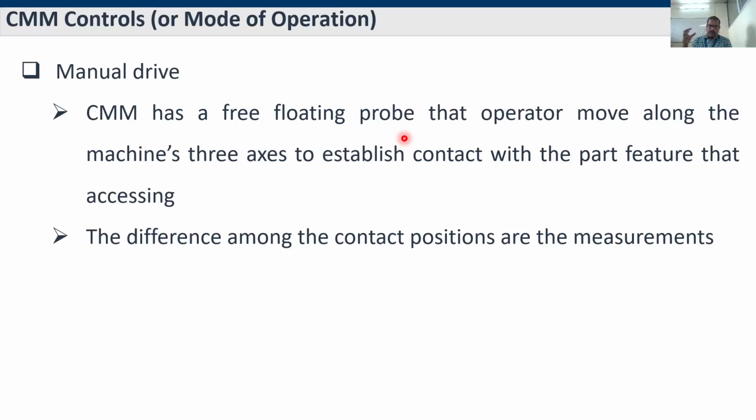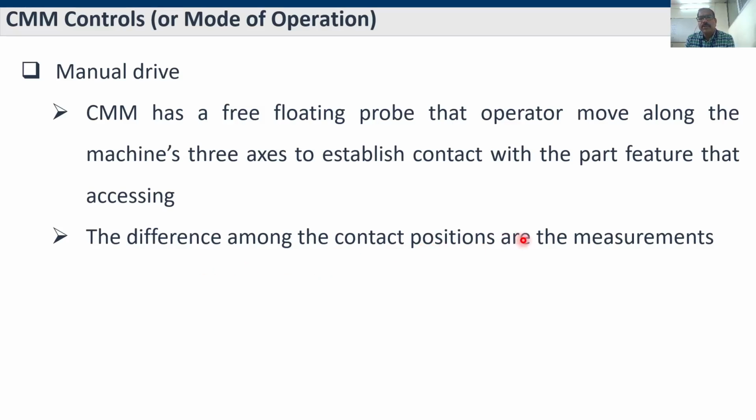Then you can move it closer to the object and start measuring the features available in the part. Then data points or data clouds will be prepared, and we can measure. But that is a computer supported process, data processing. Manual drive in the sense that you have to take the position, note it down and process it in future. So this is your CMM controlled one.